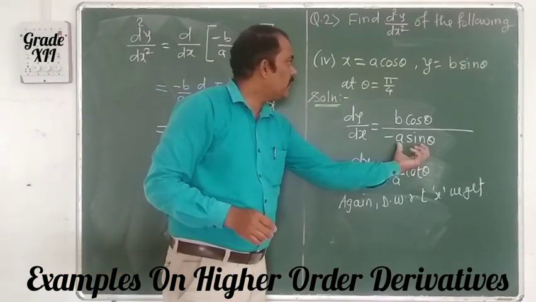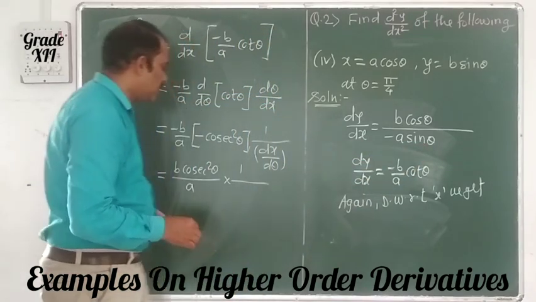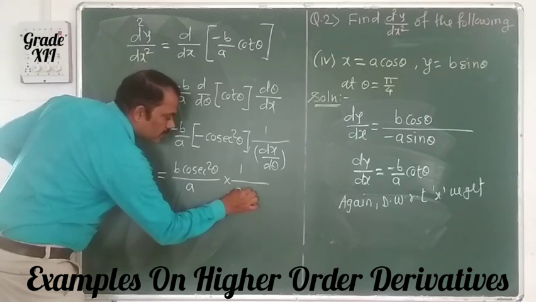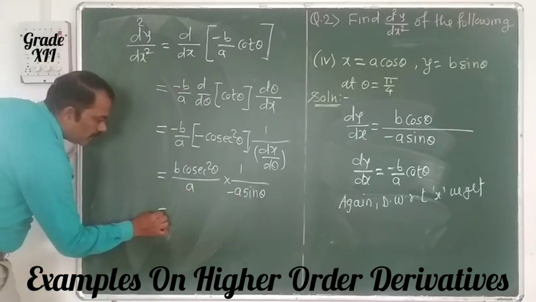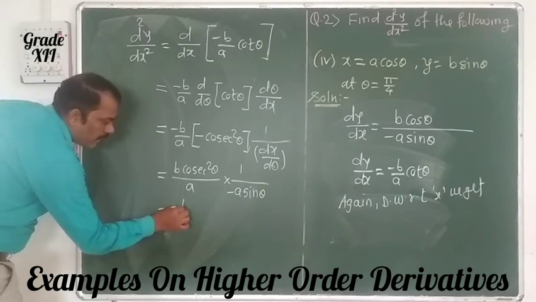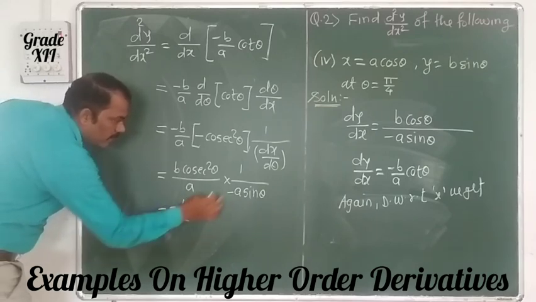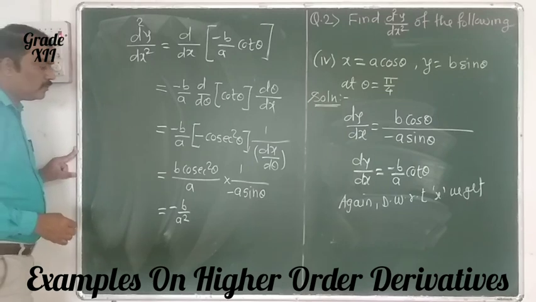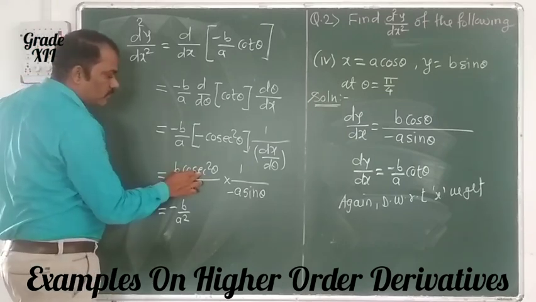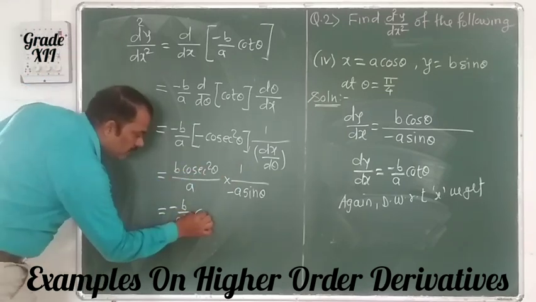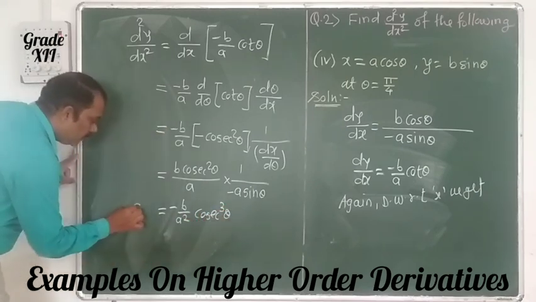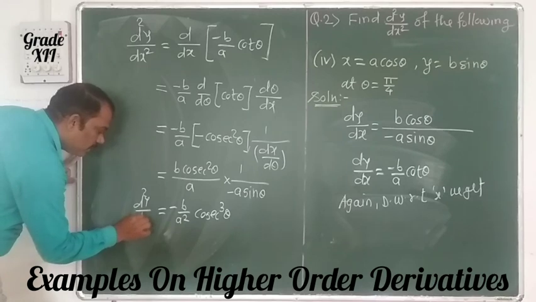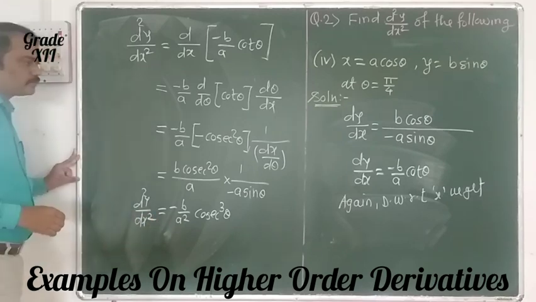Dx by d theta is nothing but minus a sin theta. This minus we have to take outside, that is minus b by a square. 1 upon sin theta is nothing but cosec, cosec square theta into cosec theta, nothing but cosec cube theta. This is nothing but d2y by dx square.